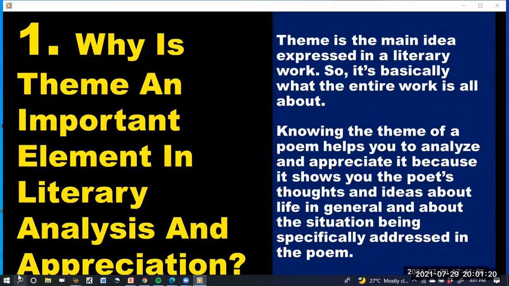Now, the poem Caged Bird by Maya Angelou addresses the racist situation in the American society of the periods under review. All right?